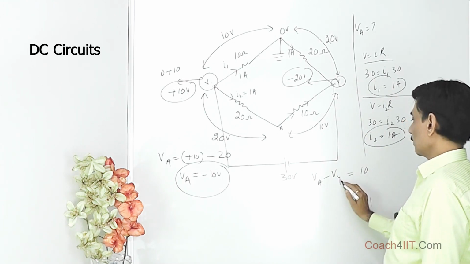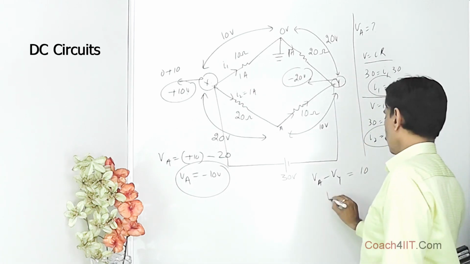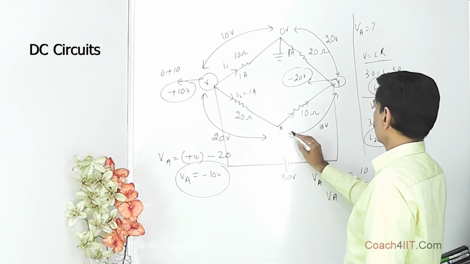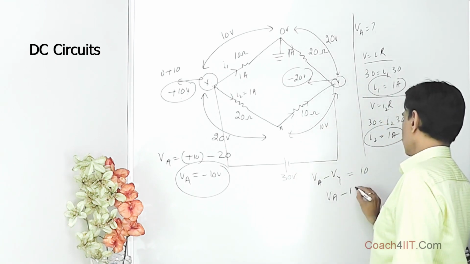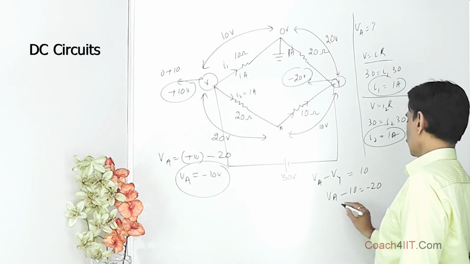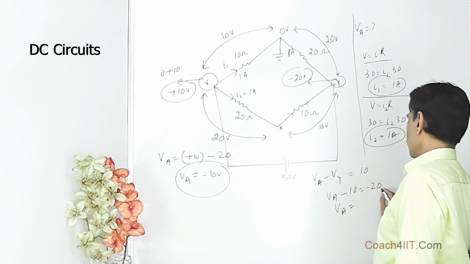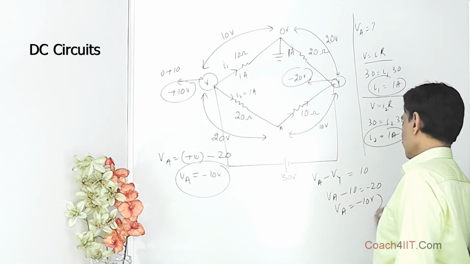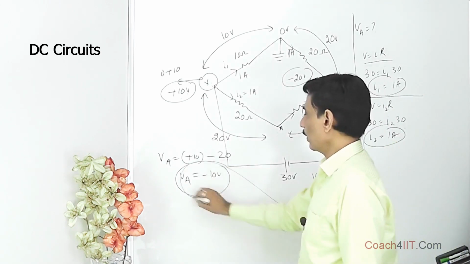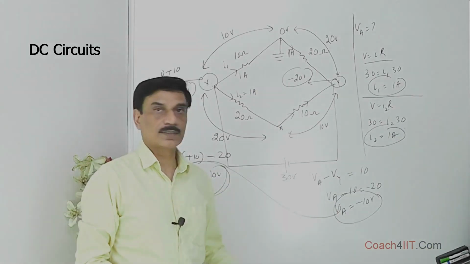Do we know the value of VA or VY? We know the value of VY, that is minus 20 volt. So VA minus 10 is equal to minus 20 volt. VA is equal to minus 20 plus 10, that is minus 10 volt. Once again, we get the same value. So the absolute potential of point A is minus 10 volt.